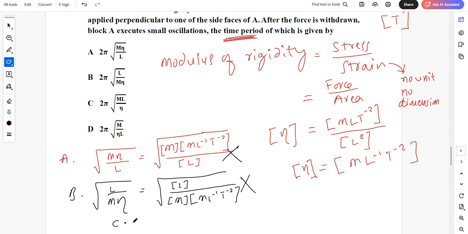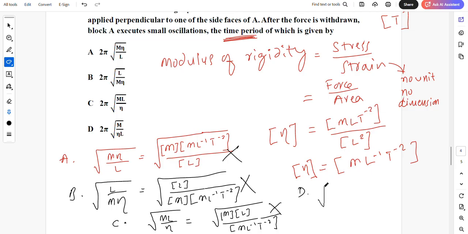C: under root of m L by eta. That is equal to the dimension: m L by eta is how much? M L to the power of minus 1 T to the power of minus 2. No, here also M gets cancelled, but L will be there. This is also not correct.